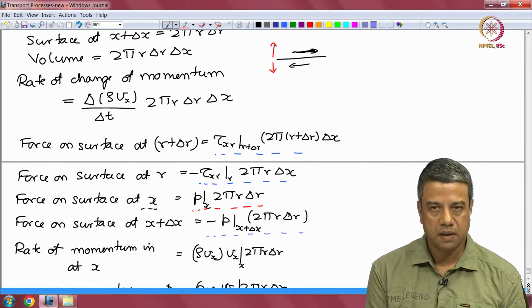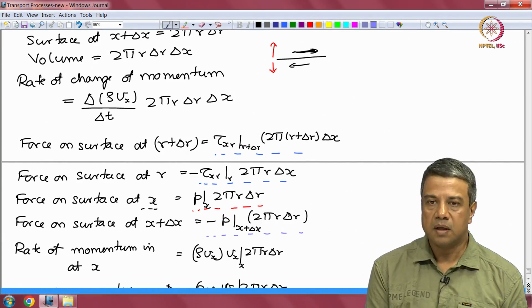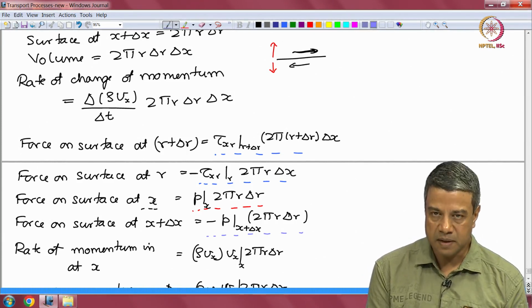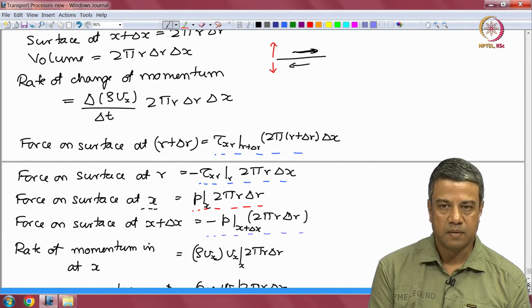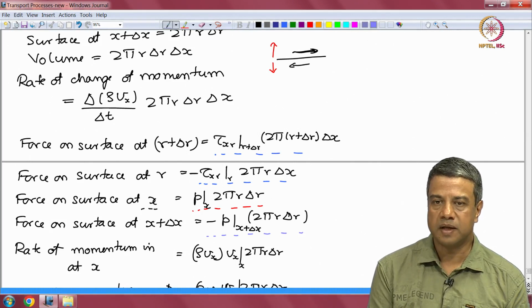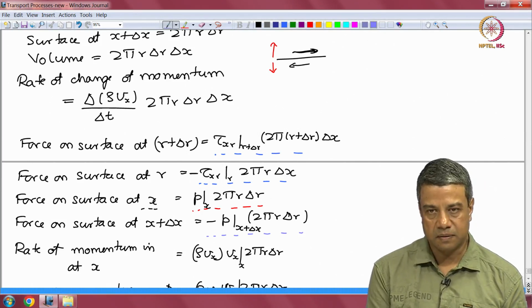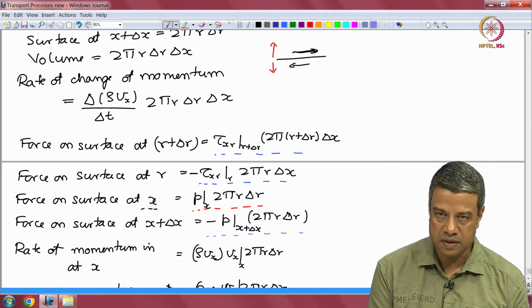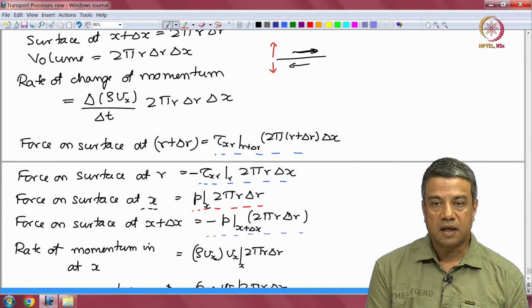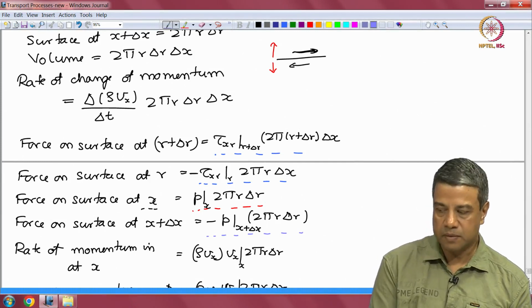We also had momentum in and momentum out. Momentum in is the momentum density times the velocity times the area, because the momentum flux is the momentum density times the perpendicular velocity. That multiplied by the surface area is the momentum coming in per unit time.